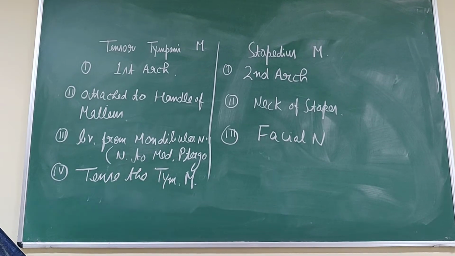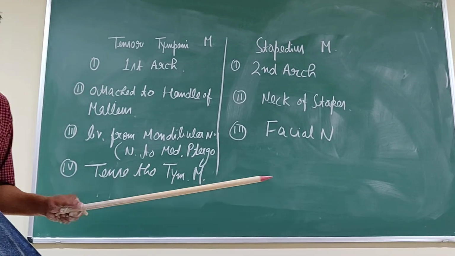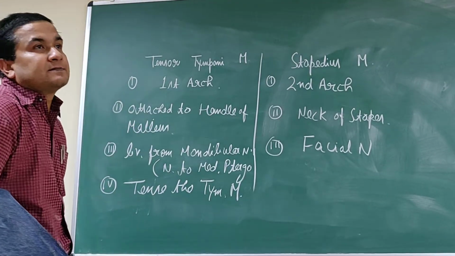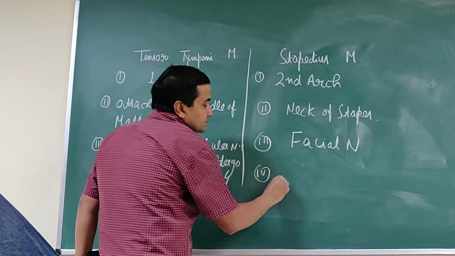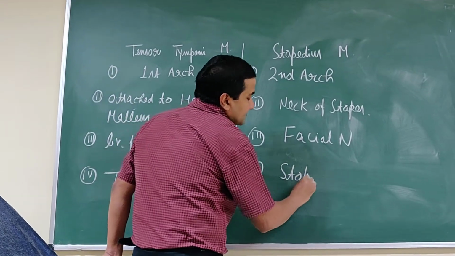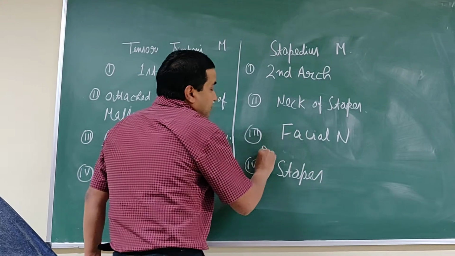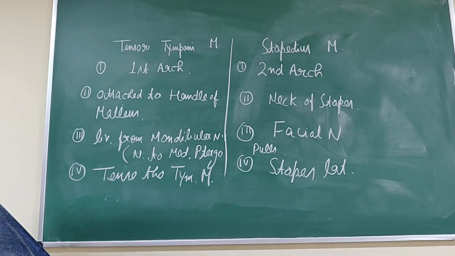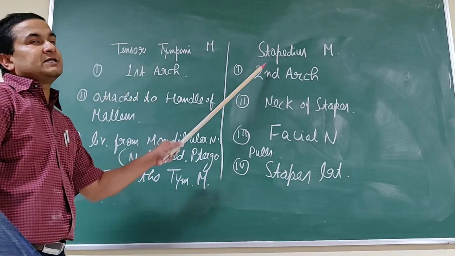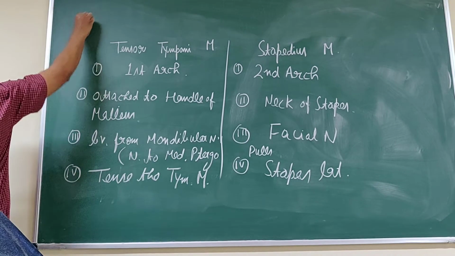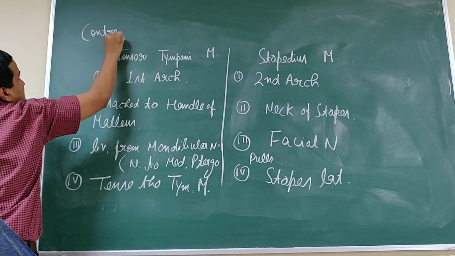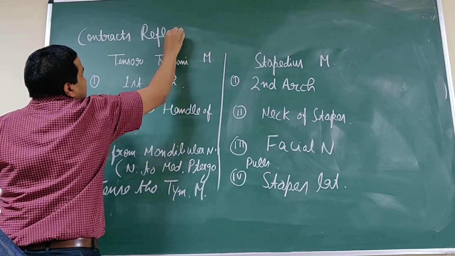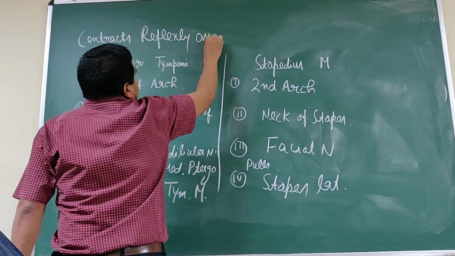It pulls the handle of the malleus medially and tenses the tympanic membrane, while the stapedius pulls the stapes laterally. Now the tensor tympani and the stapedius muscles contract reflexively and simultaneously.